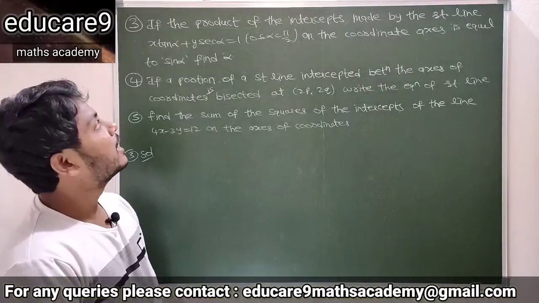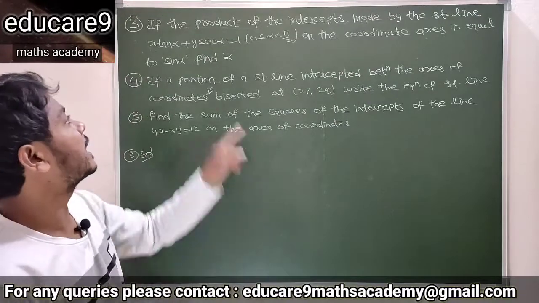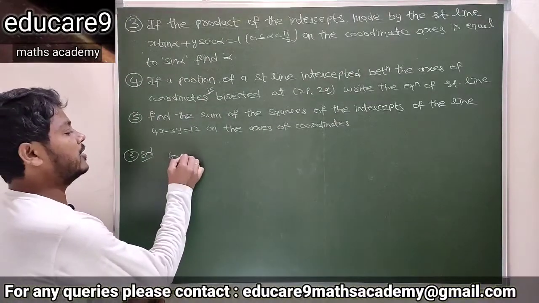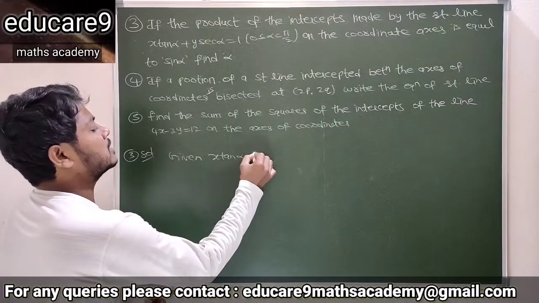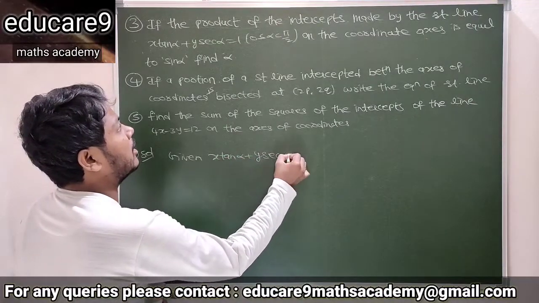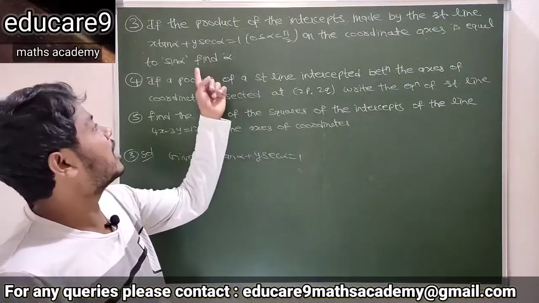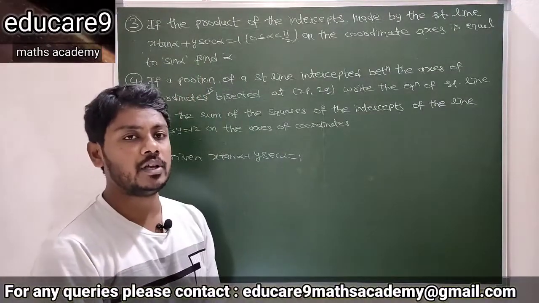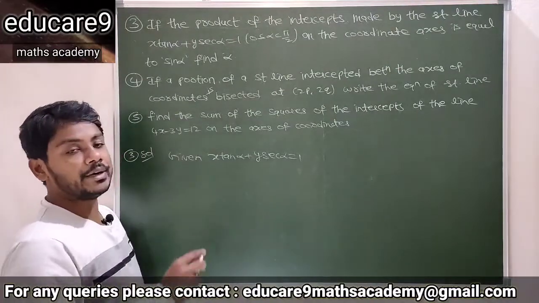So see the third one. If the product of the intercepts made by the straight line is given. So see here, given the line x tan alpha plus y sec alpha is equal to 1. The product of the intercepts is sin alpha, then find the value of alpha. So first we have to change this equation into intercept form.